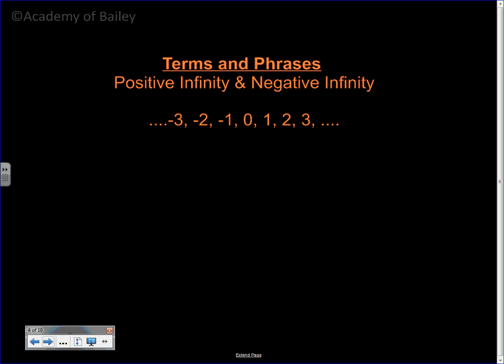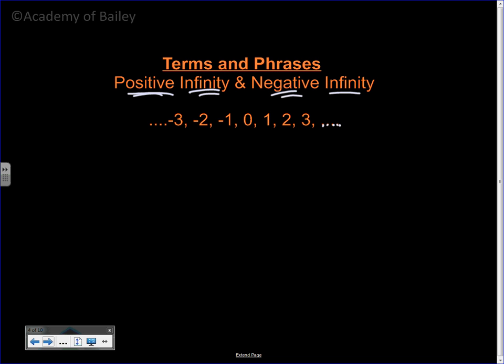Another term, infinity. We're going to be talking about positive infinity and negative infinity. So if we count 0, 1, 2, 3, and we say dot, dot, dot, those dots just mean that the numbers keep going. 4, 5, 6, 7, and I probably don't need to keep writing all those, because if I just put dot, dot, dot, you understand that it just keeps going forever.